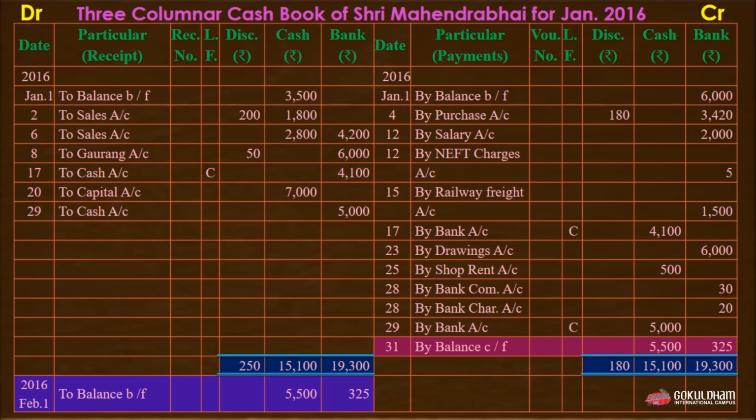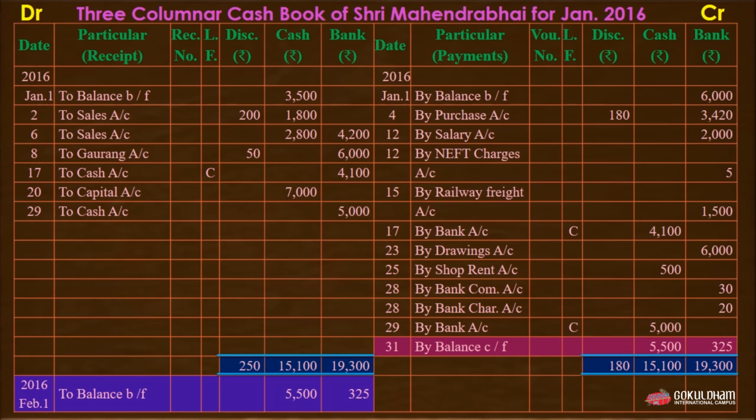Then we close the cash column. Here in the cash column the debit side is more than the credit side. So we write this debit side balance on both sides, debit and credit. The debit side balance is 15,100 rupees. So this balance is recorded on the credit side also, 15,100 rupees.